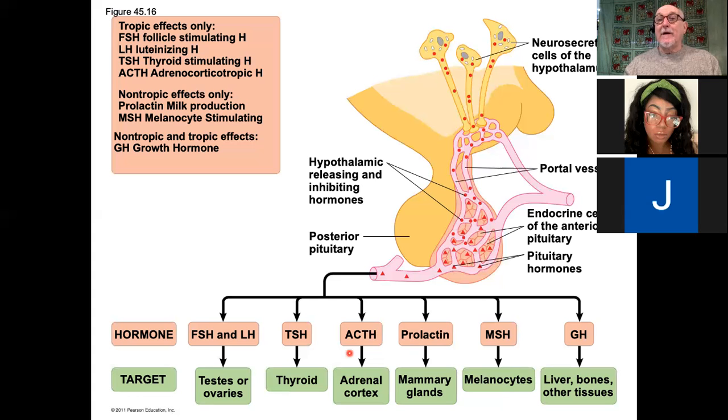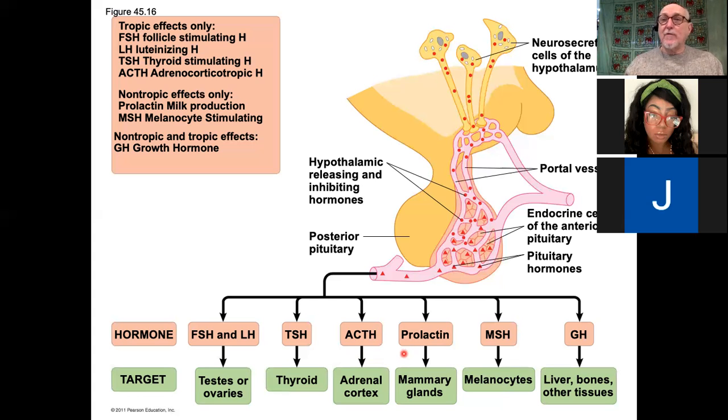It operates on one part of the adrenal gland, which is the outside, the cortex of the adrenal gland. Please put this in your head, okay? Because we're going to discuss this again shortly. We're going to discuss how the hypothalamus interacts with the adrenal gland, because it's quite a complex story.